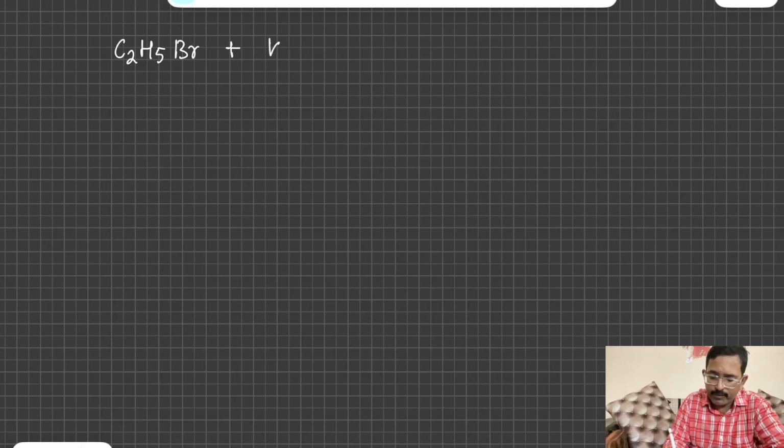There is another set of two reactions which are similar to the first, and the appearance is also the same. C2H5Br when reacted with KNO2, and also C2H5Br when reacted with AgNO2.